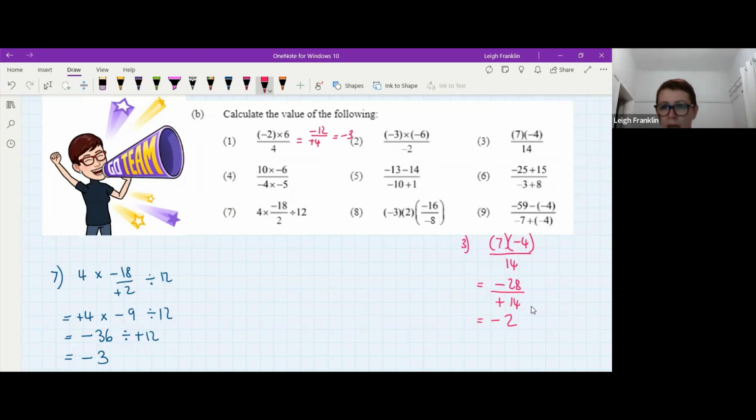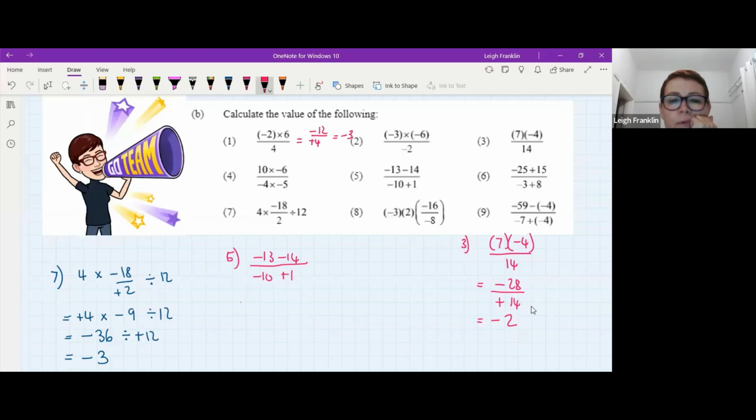Ma'am, can you divide a negative number? Yes, absolutely. Okay. So like which question, Anati? For number 5. Okay. So how would you do the numerator in number 5, Anati? -13 minus 14. And what would that give you?